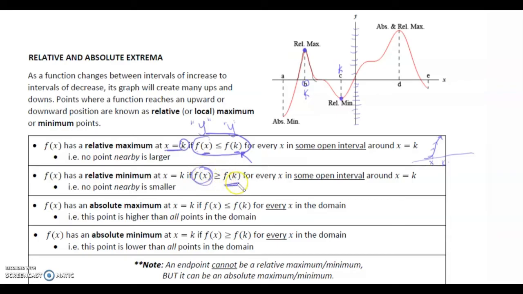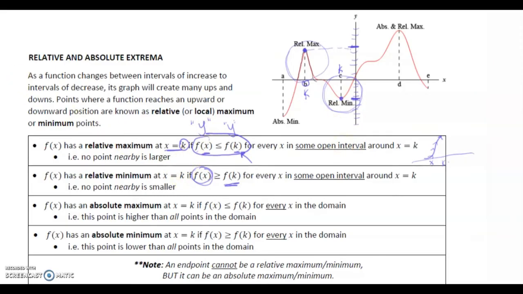So f at k has to be the smallest on some open interval around x equals k. So all this really means is if we take a look at this area here or this area here in regards to the relative max and mins, there are no values bigger or smaller. So relative max, there's no value bigger, and then relative min, there's no value smaller.